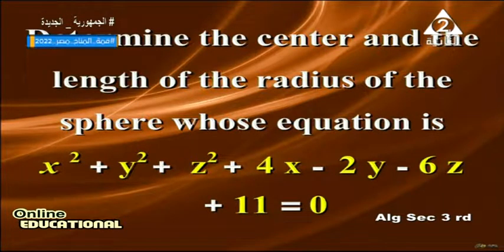Remember, my dear student, in the equation of a sphere the coefficient of x squared equals the coefficient of y squared equals the coefficient of z squared equals 1. What is the radius? The radius length is the square root of L squared plus K squared plus N squared minus D. What is D? 11.